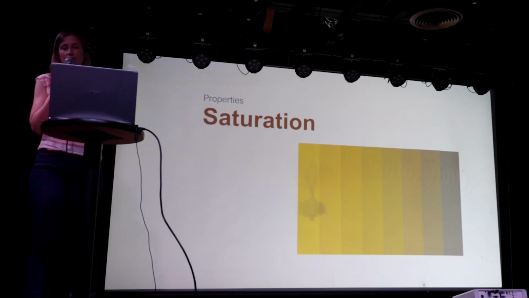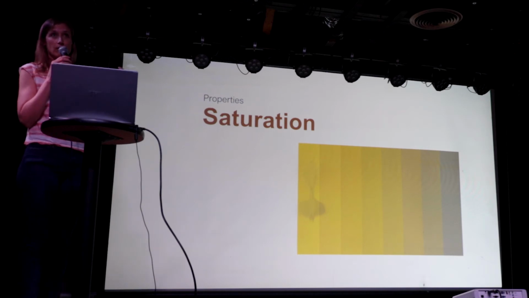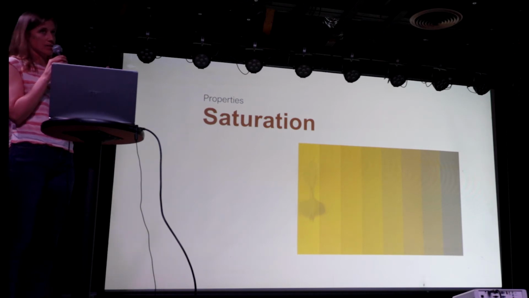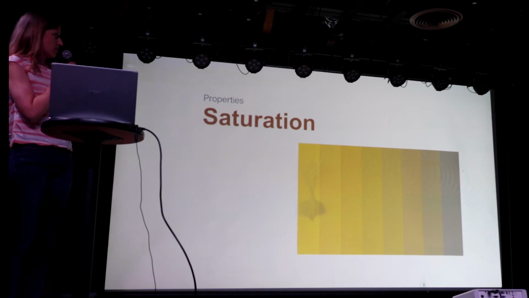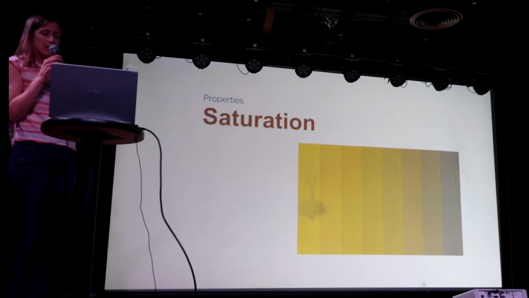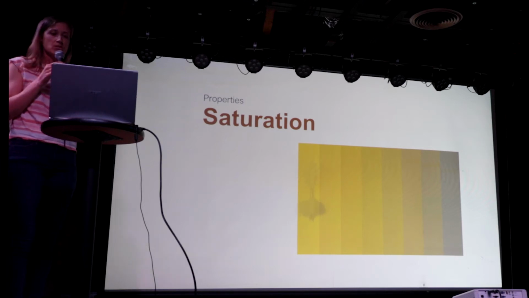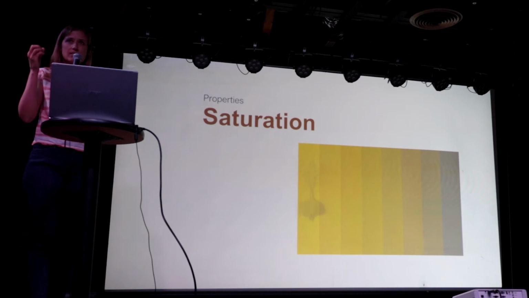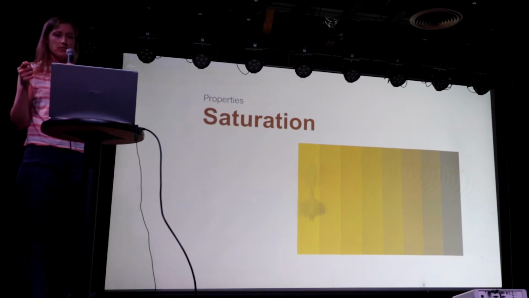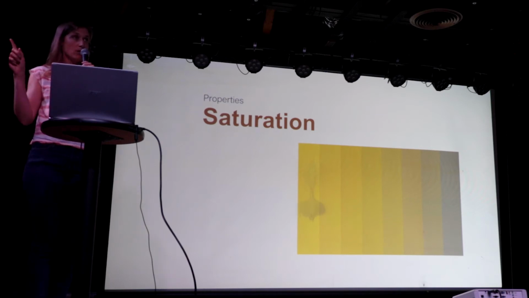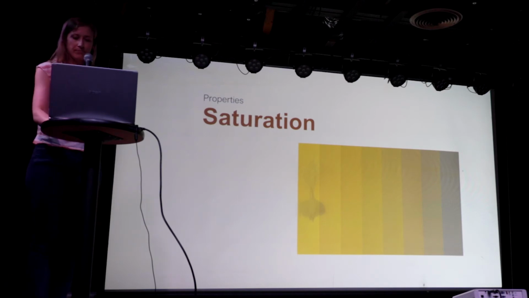Then we have the concept of saturation. Saturation defines the range of purity of a color. You can go from 100% pure color, like this very bright yellow in this image, to 0% saturated, which becomes a gray, like that far image. The technique painters use to desaturate a color is to take two complementary colors, two colors directly across from each other on the color wheel, and blend them together in equal amounts until you reach that gray.